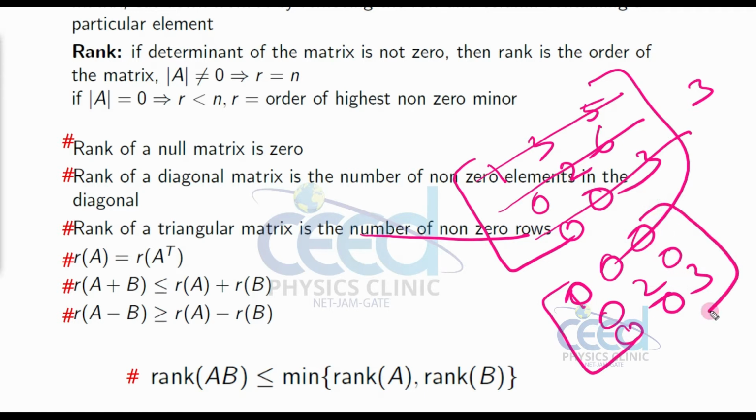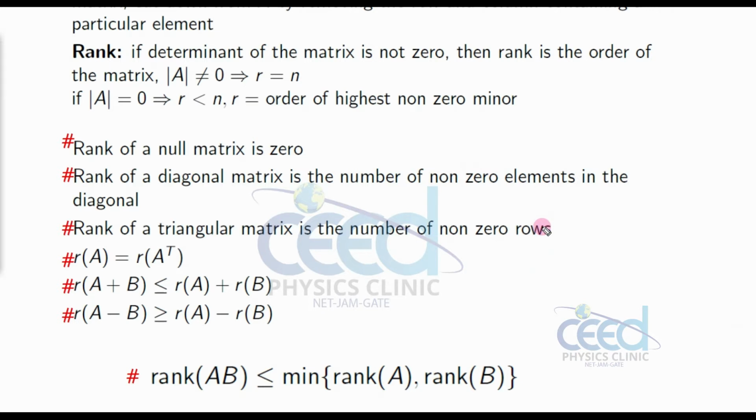This particular minor is not equal to 0, so the rank is equal to 2, the number of non-zero rows. So for a triangular matrix, you have to check how many non-zero rows we have. That will be the rank of the particular matrix.